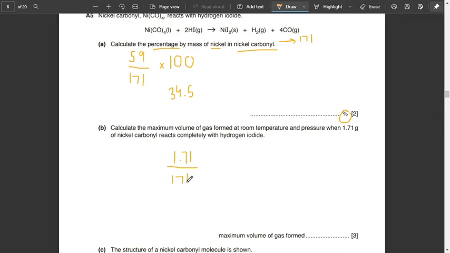So moles is equal to, this is a symbol for moles, just writing it in short, and this is the Mr that we have, and this is the mass that is given to us in the question. This is the molecular mass and this is the mass that is taken. So we'll calculate it, and what will be the answer? The answer would be 0.01 moles, right?